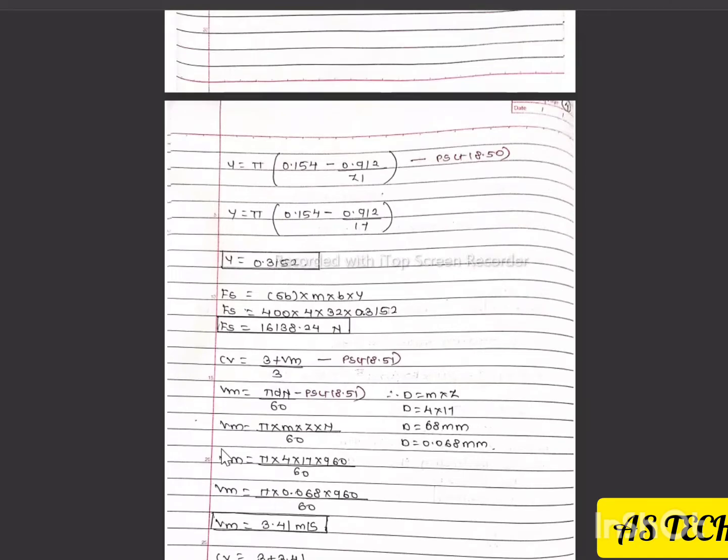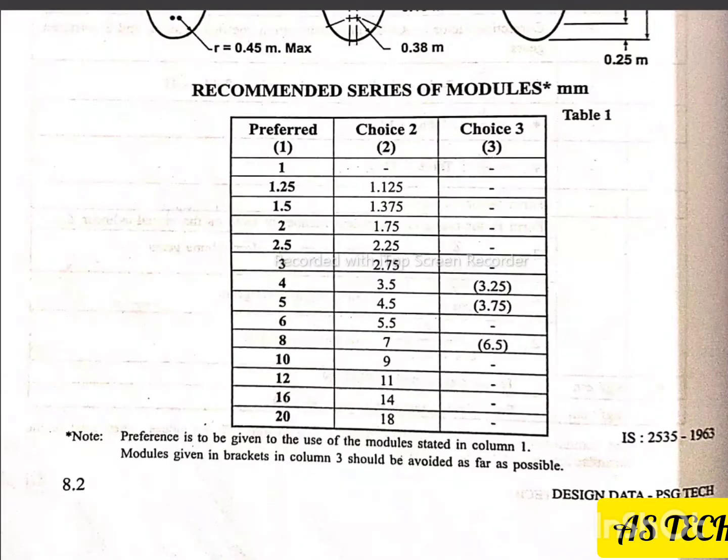So the next is y equals to pi in bracket 0.154 minus 0.912 upon z1. This formula is given in PSG 8.50.